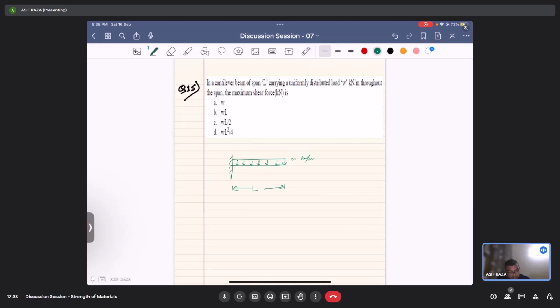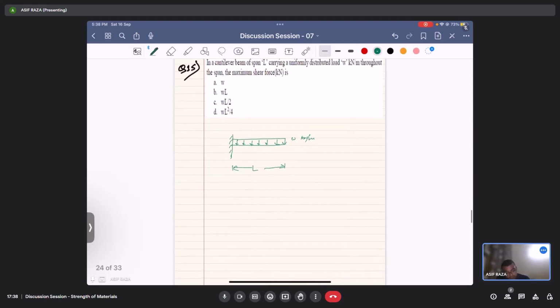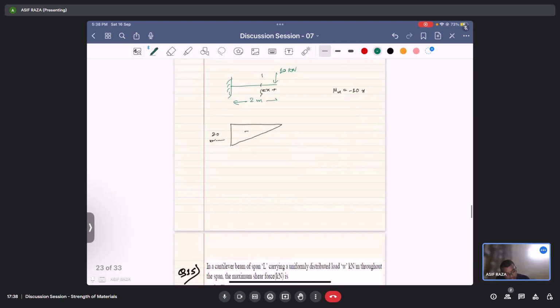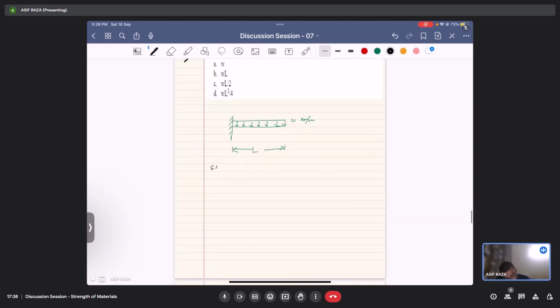Maximum shear force is. Okay, so let us draw the shear force diagram. I'll just write it here as bending moment diagram, otherwise I'll confuse. So shear force diagram.